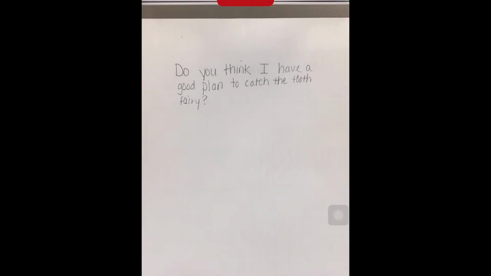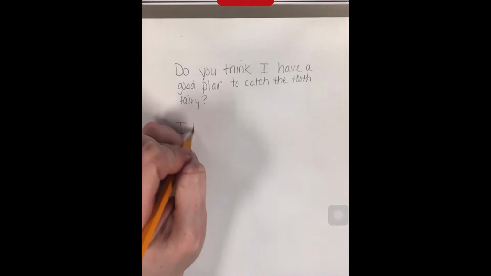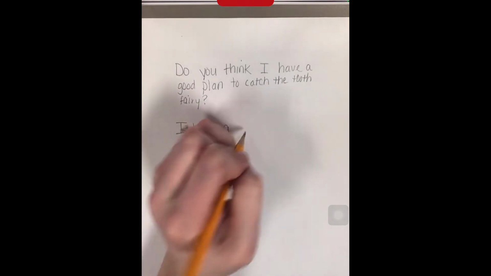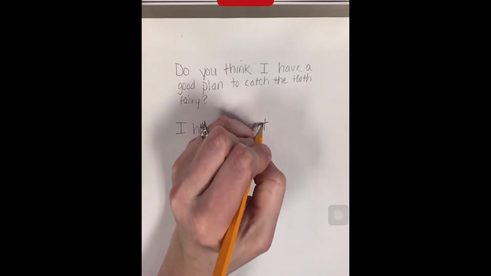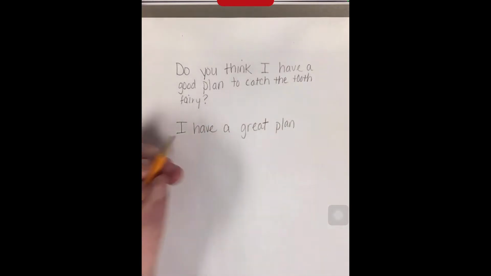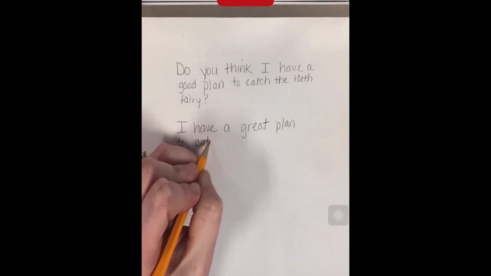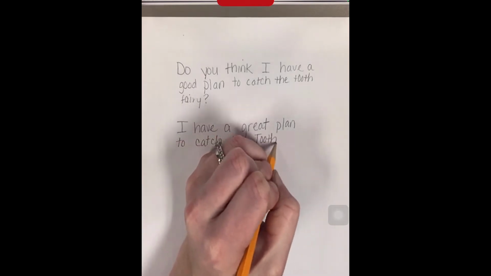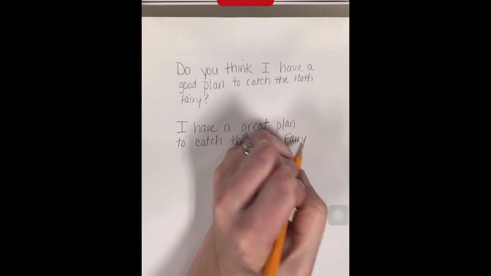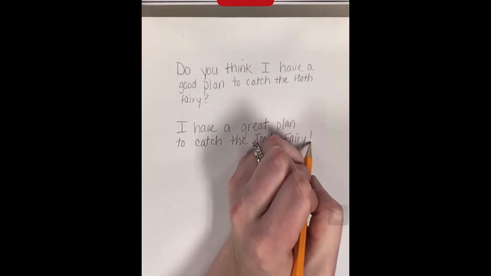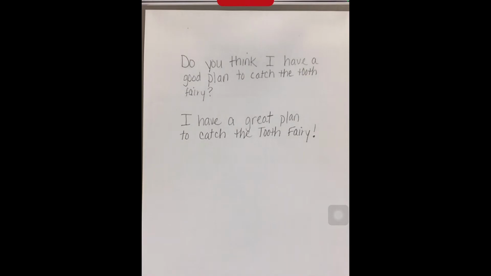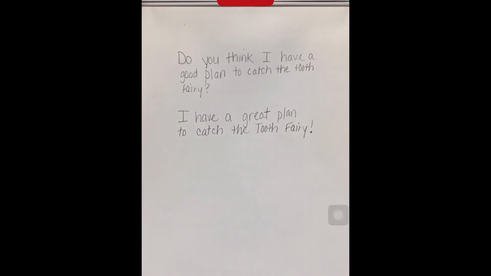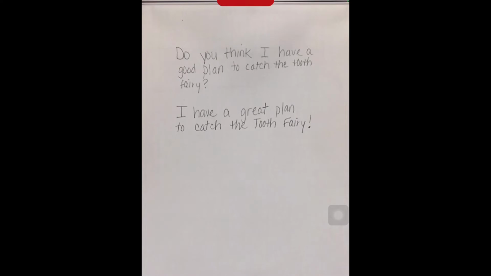Another way, I could tell what I think about my plan. I have a great plan to catch the tooth fairy. I can also wrap up my writing by using a number.